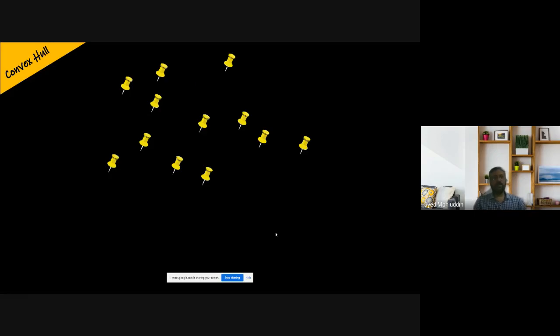And what convex hull means is that if we start with an extreme point on a two-dimensional plane, and tie a thread around all the outer points, then that becomes a convex hull.